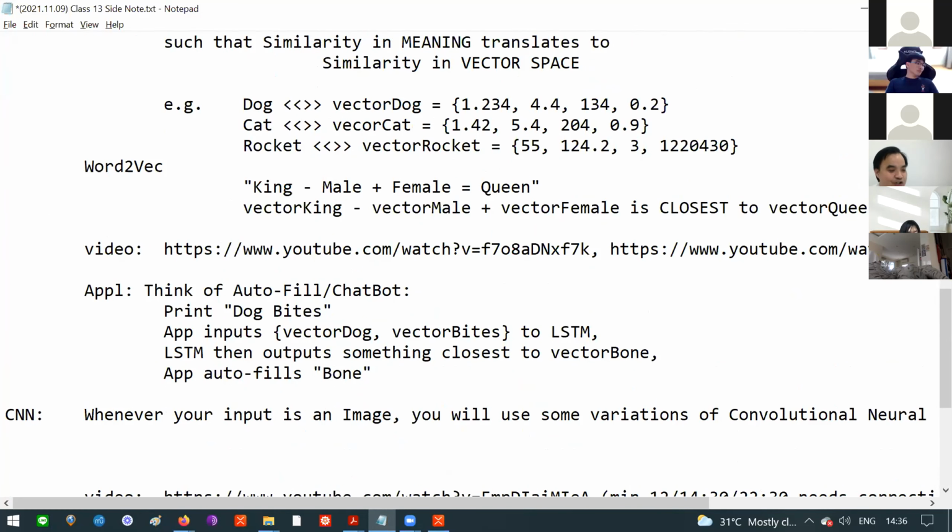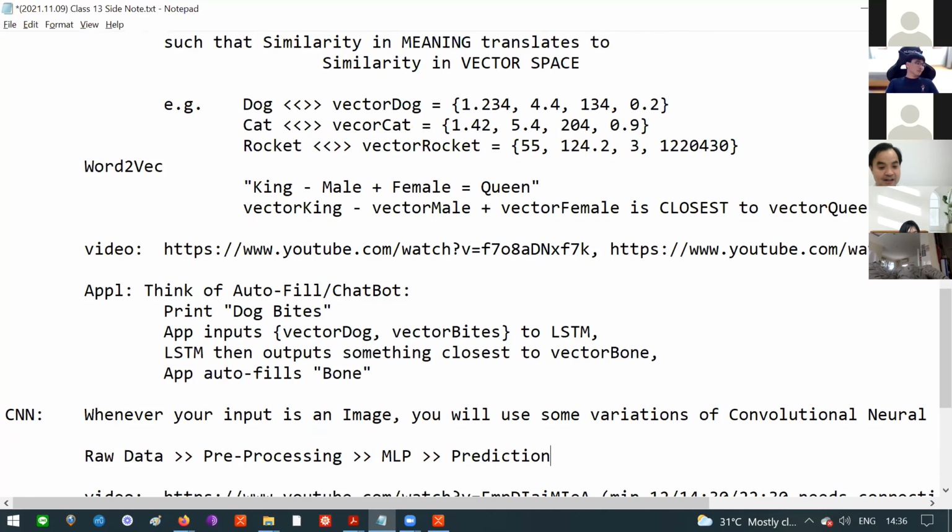Okay, you guys remember last class I mentioned something, right? Remember last class, pre-processing: raw data gets to the pre-processing, then gets to a multi-layer perceptron.